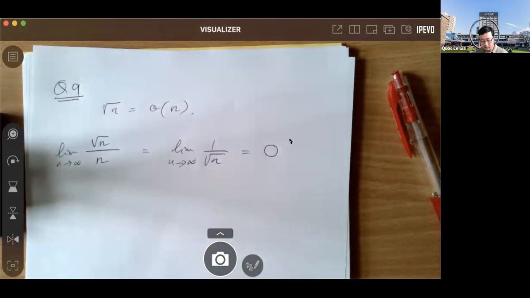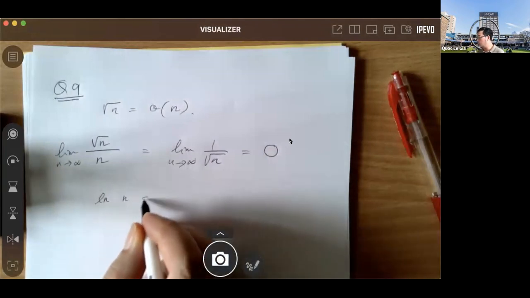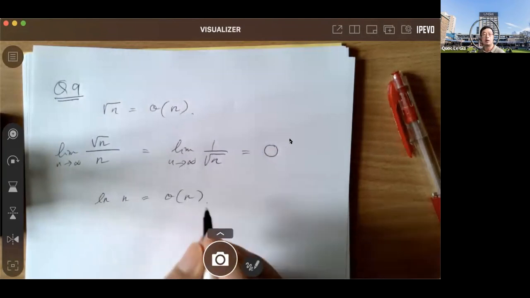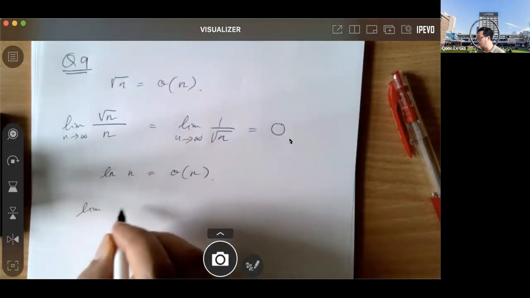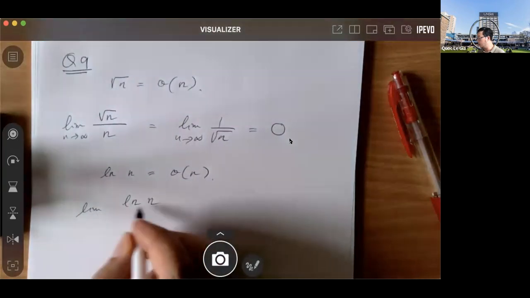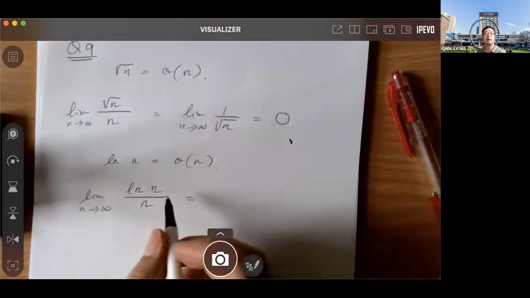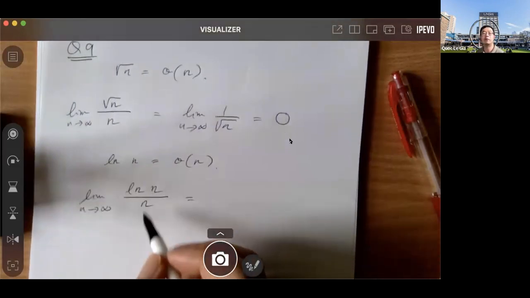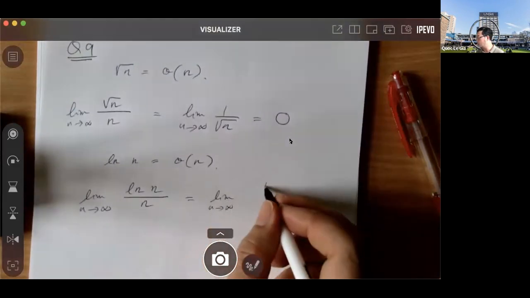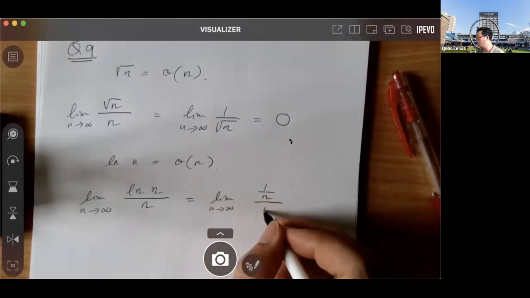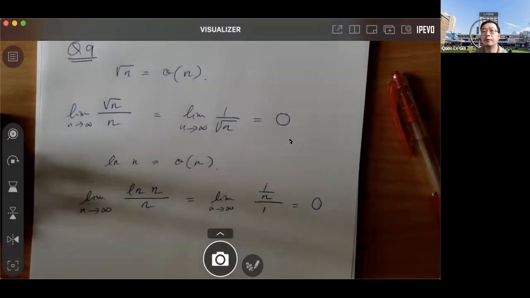You can do the same for logarithm n. Taking the limit of log n over n as n goes to infinity, you have infinity over infinity, so you use L'Hopital's rule. It gives 1 over n over 1, which gives 0. So logarithm n is little o of n as well.